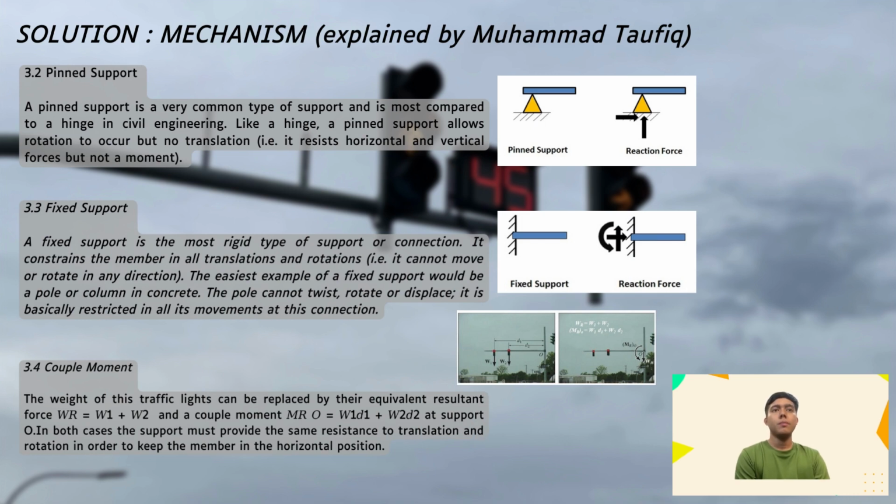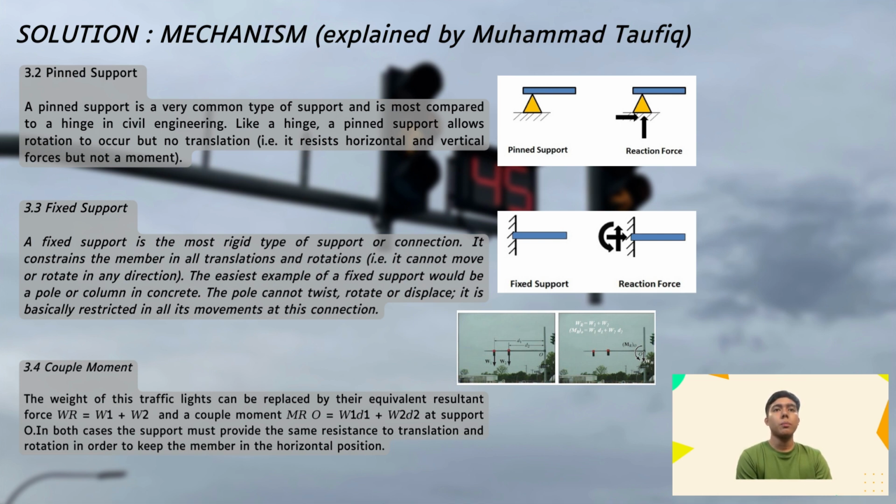Solution mechanism. Pin support. A pin support is a very common type of support and is most often compared to a hinge in civil engineering. Like a hinge, a pin support allows rotation to occur but not translation. For example, it resists horizontal and vertical force but not a moment. Second, fixed support.